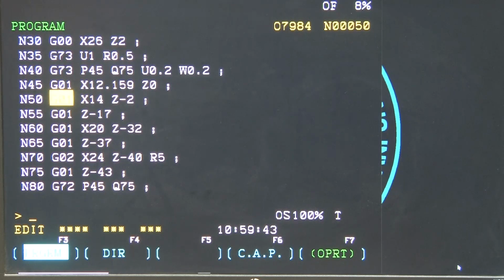Now, the next N50, this is G01 that is remaining, that is the linear interpolation, and the coordinates given as X14 Z minus 0.2. So, these are the coordinates which dictate the tool how to move from the previous position.